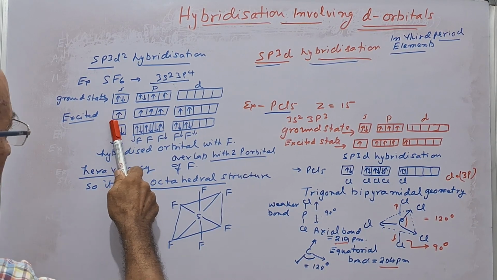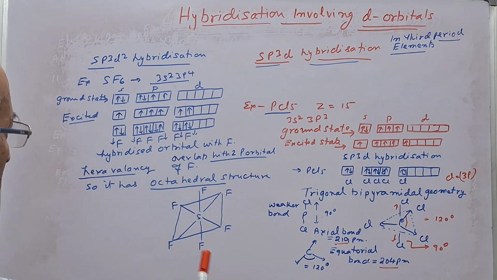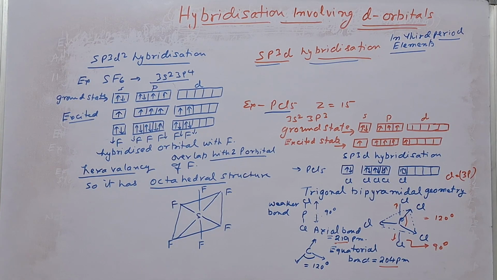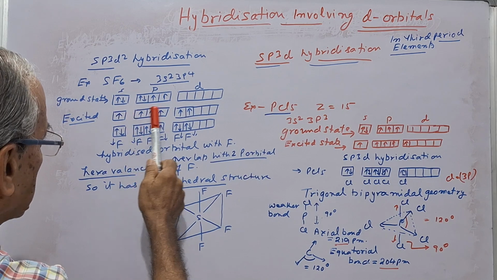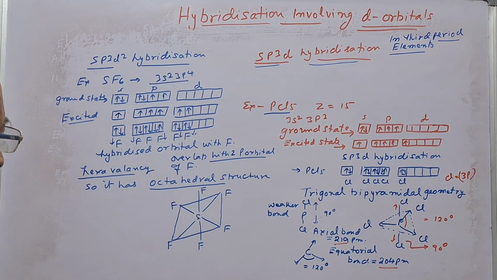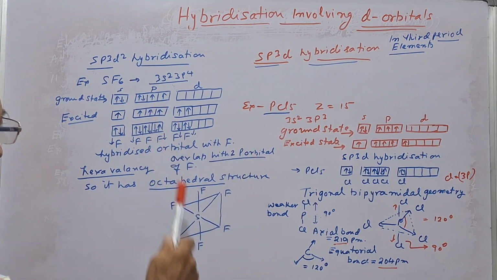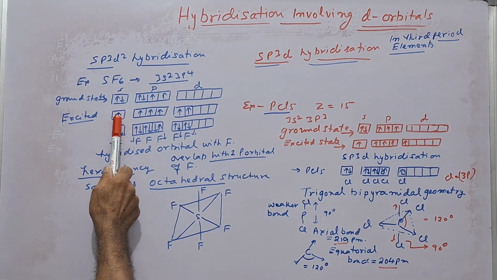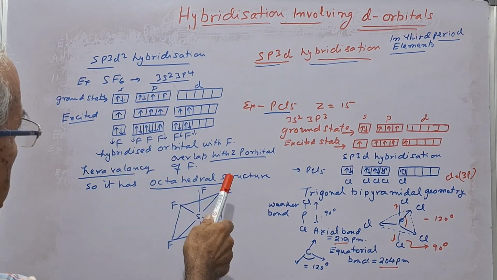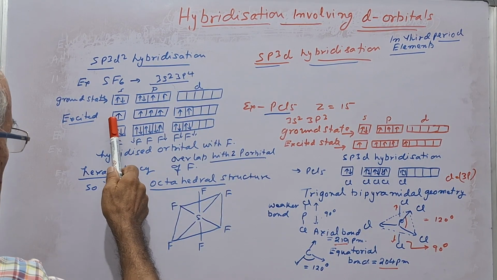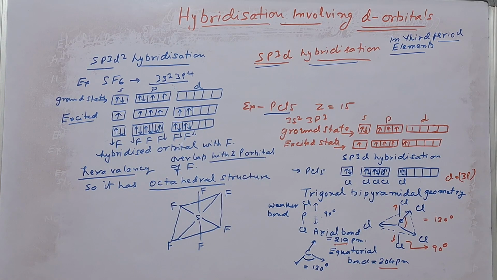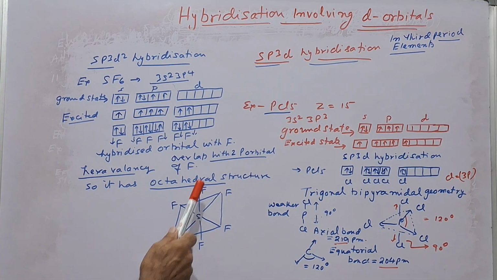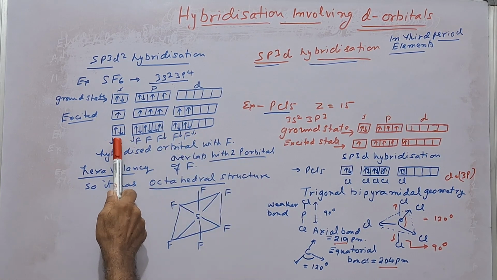Now in the excited state there are 6 orbitals. They hybridize to form 6 hybridized orbitals of equal energy, and these equal-energy hybrid orbitals overlap with the 2p orbitals of the fluorine to form SF6.